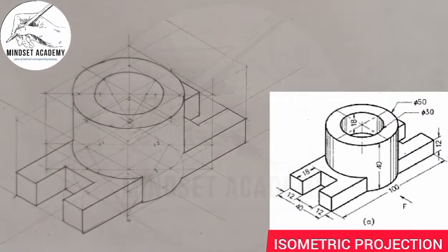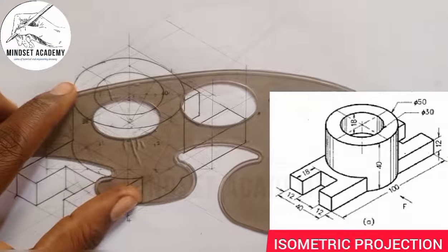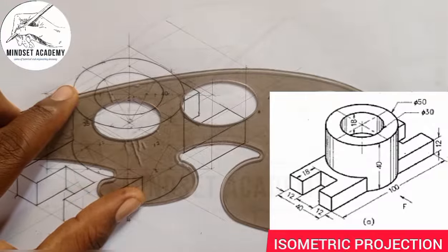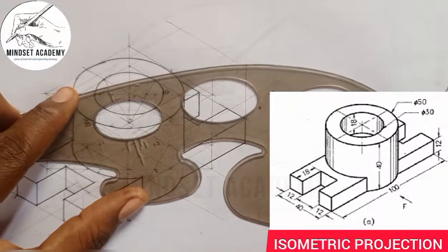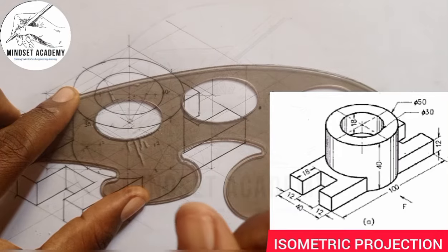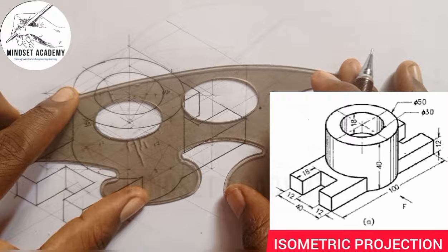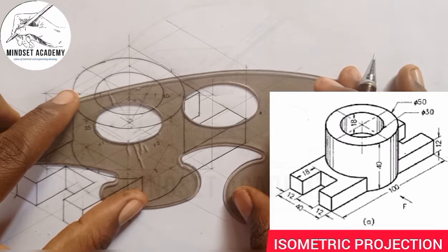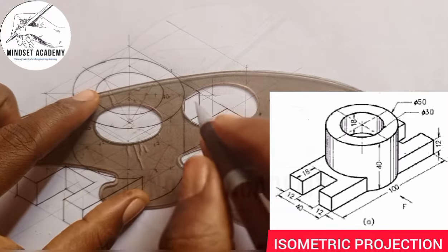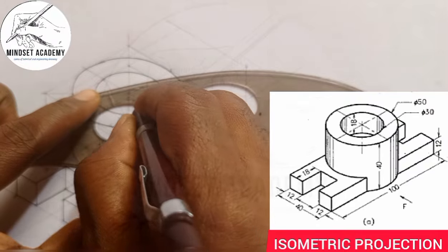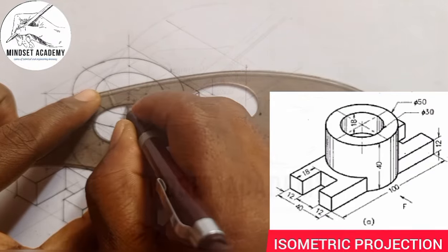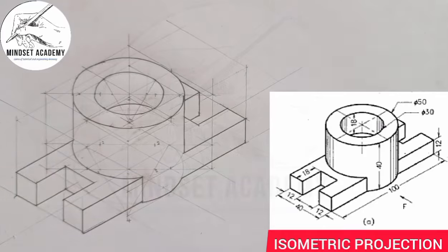So instead of wasting time and constructing over construction, I'll just take my French curve, just save myself the stress, right? Take it to that center point there, and I'll just do what I want to do. Now have this. Can you see that? And what else is remaining?